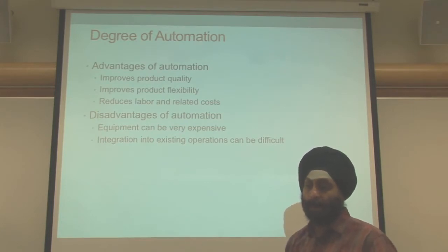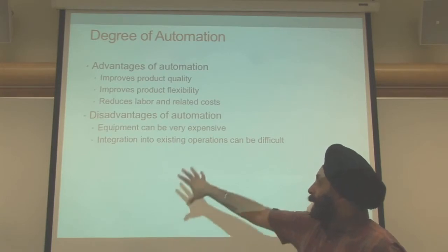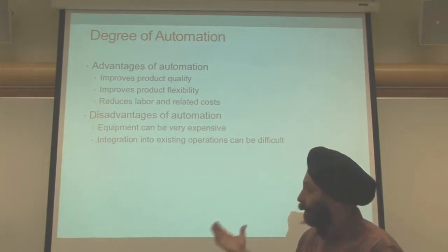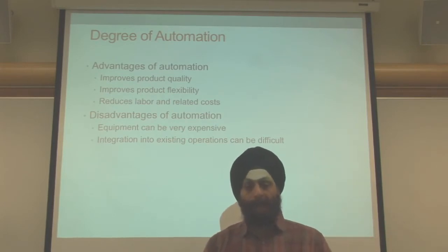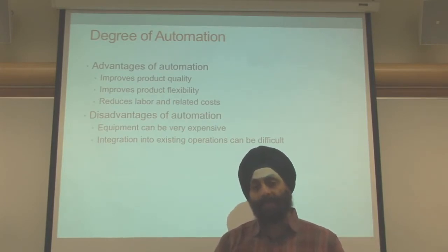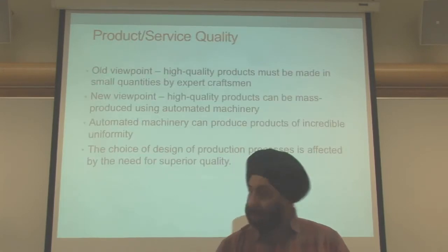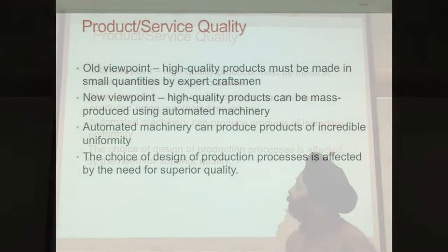So it's a long-term decision, not just something you can make on a whim. Integration into existing operations can be difficult because that new equipment has to mesh nicely with the existing equipment that you may have. The last aspect is product and service quality.